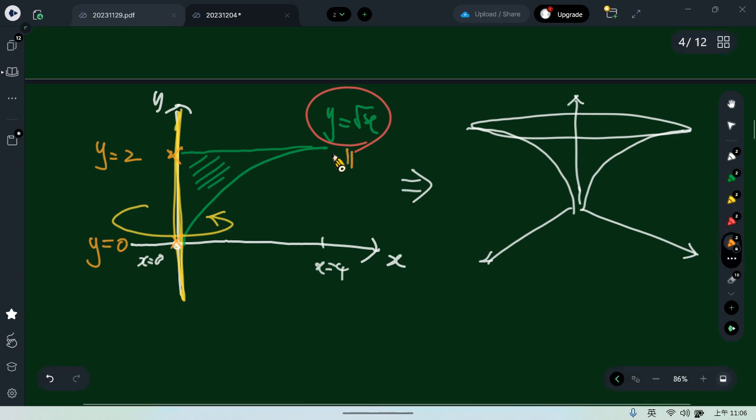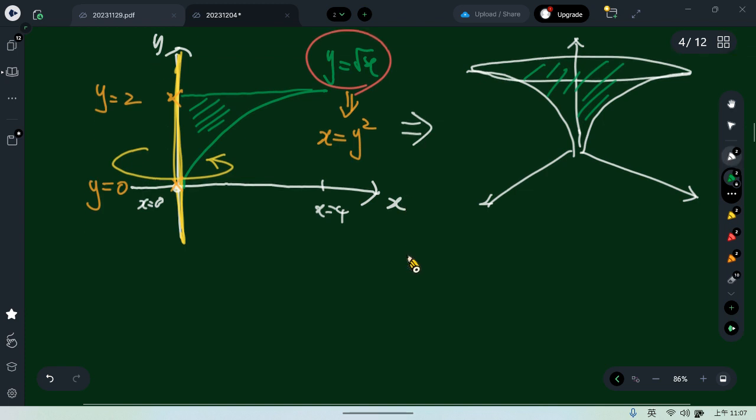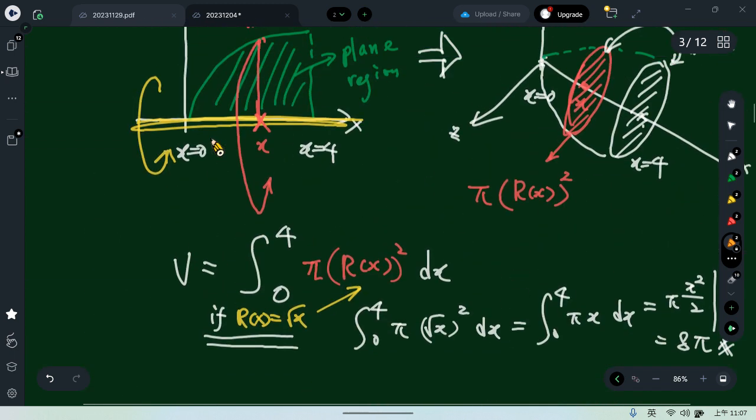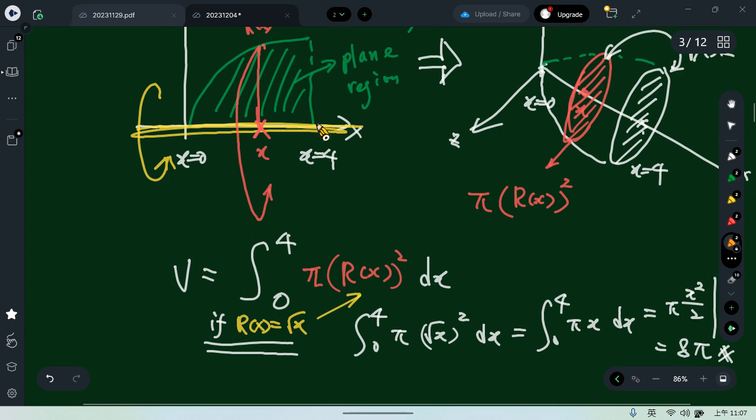We can just change it to x is equal to y squared, right? So again, we can get the value here. We can use this method to get V is the integral from 0 to 2. This time our rotation axis is the y-axis instead of the x-axis, right?